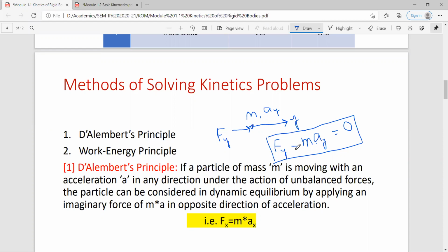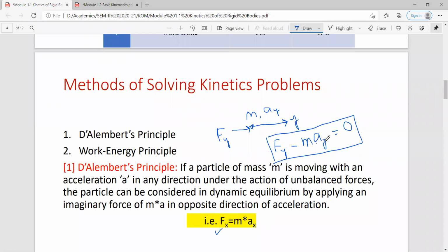Yes, sir. Okay, so I have applied D'Alembert's principle in a particular direction. Why? Suppose I want to apply D'Alembert's principle in the x direction, then I have to see what the resultant force in the x direction is: Fx equals mass into the acceleration in the x direction.